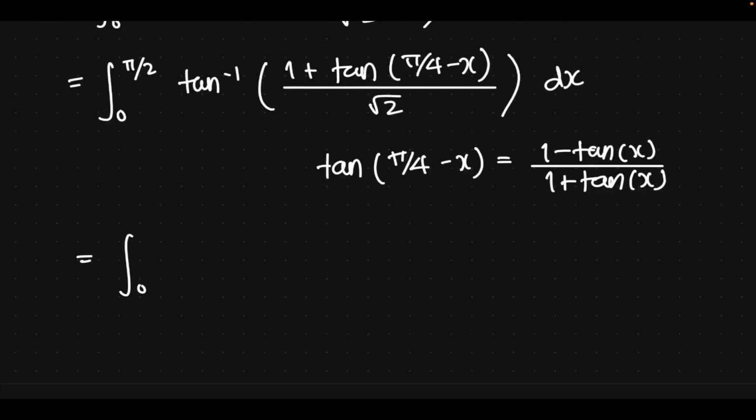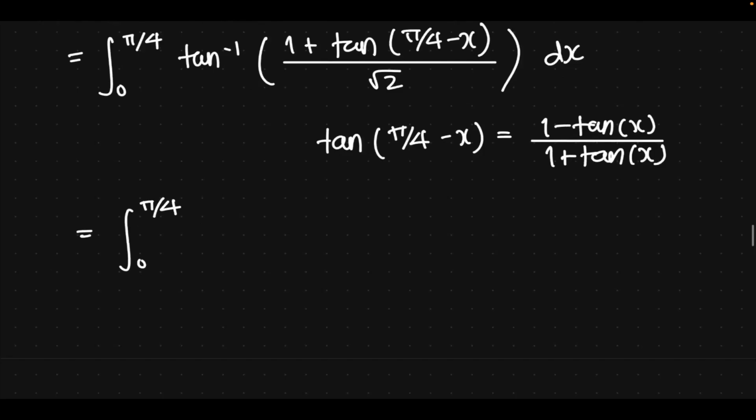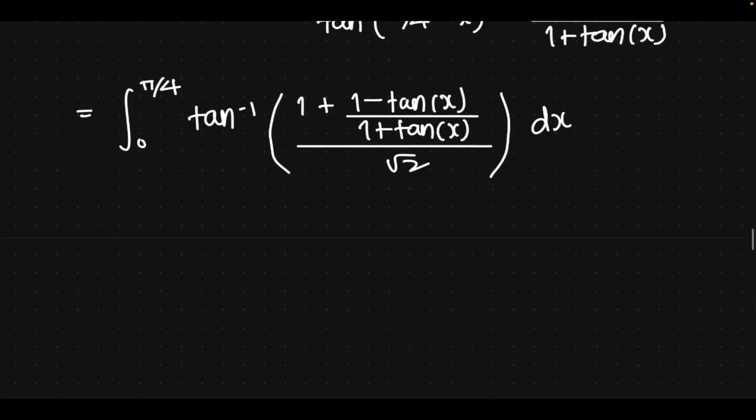We get integral 0 to, sorry, this should be pi over 4 rather than pi over 2, arctan of (1 plus (1 minus tan x) over (1 plus tan x)), all of that divided by square root 2, maybe put a bigger bracket on it, dx, and we can simplify all of this nicely.